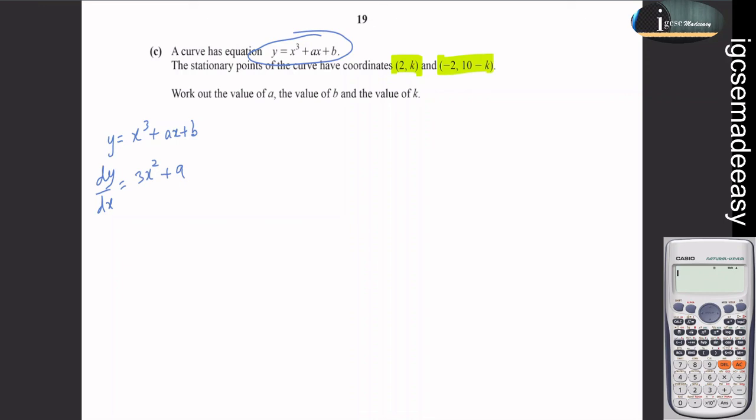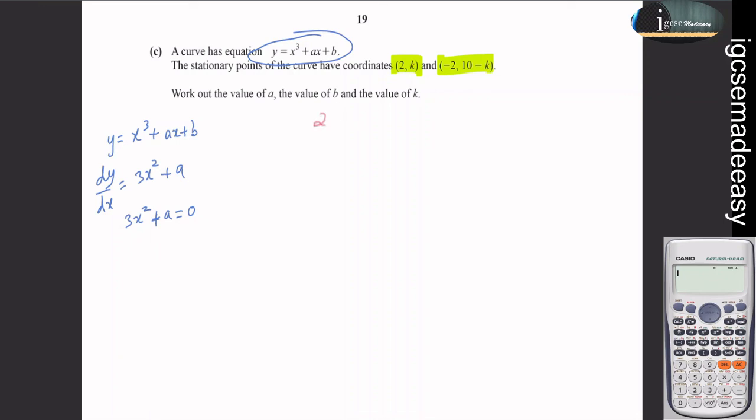Now I have to put this equal to 0, right? Why am I putting it equal to 0? Because for a stationary point, we have to differentiate and put it equal to 0. So we will have this kind of equation. Now we have two coordinates, right?